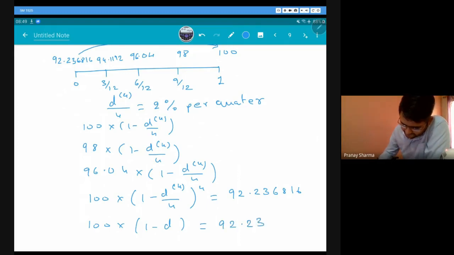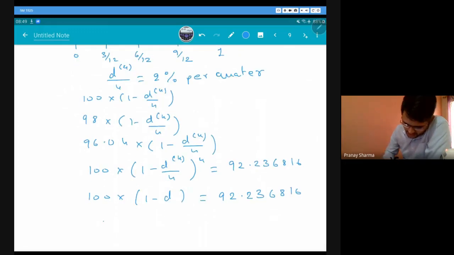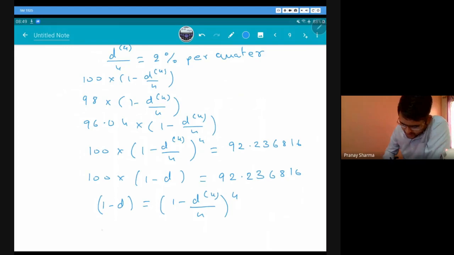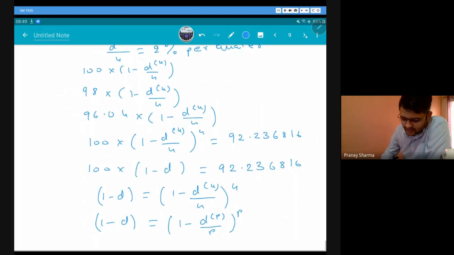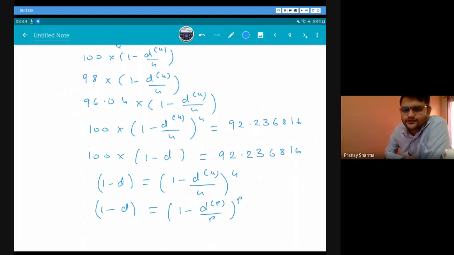So these two become equivalent rates. Then we will compare and say our 1 minus d must be equal to 1 minus d4 by 4 raised to 4, and in general 1 minus d is equal to 1 minus dp by p the whole raised to p. And using this we'll make our formulas for d and dp that I gave you yesterday.